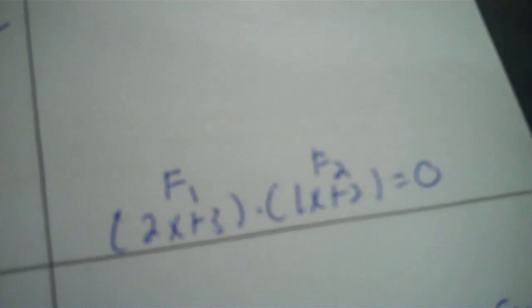So this will just stay the same, 2x plus 3. And that becomes 1x plus 2. And see, look, 2 times 1 is 2, boom. 3 times 2 is 6, boom. So we got 2x plus 3 times 1x plus 2 equals 0. So F1, F2.